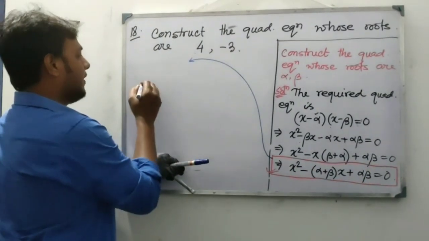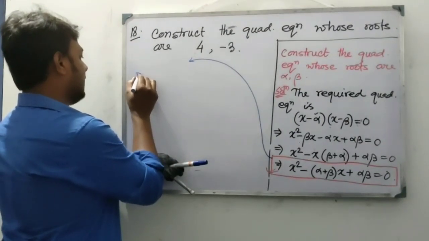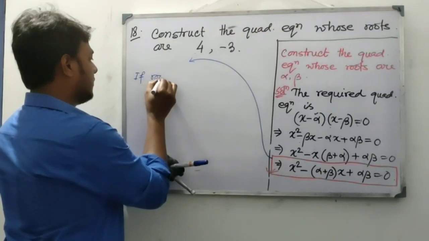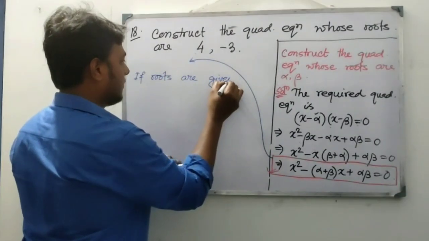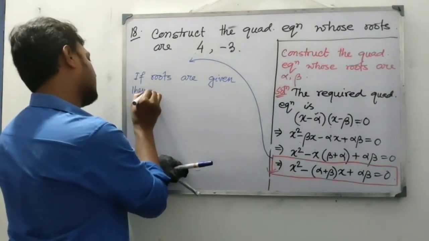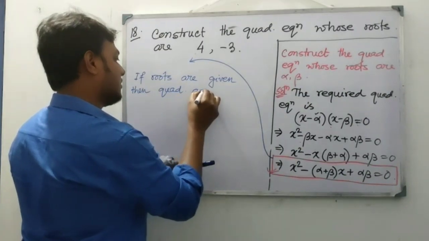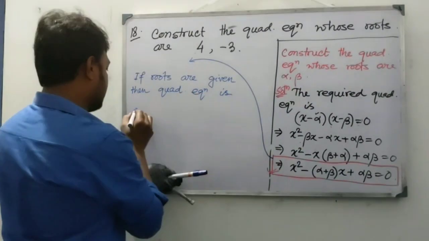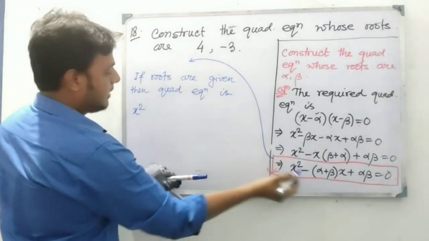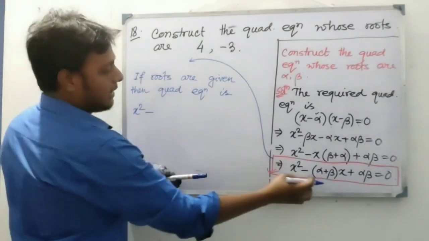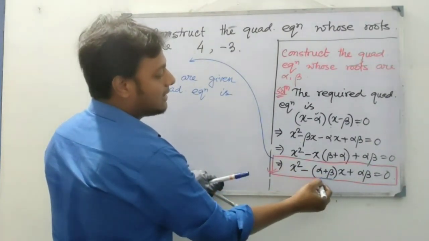So you can write, if roots are given, then the quadratic equation is x square minus, and since roots are alpha and beta, alpha plus beta is the sum of roots.